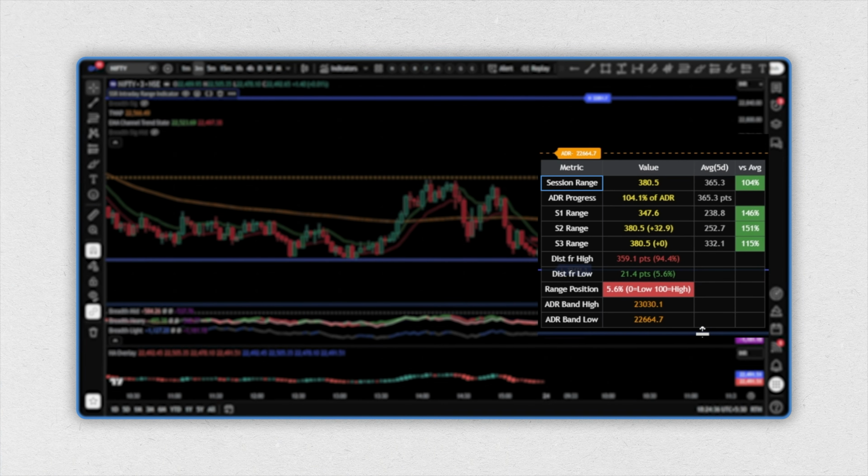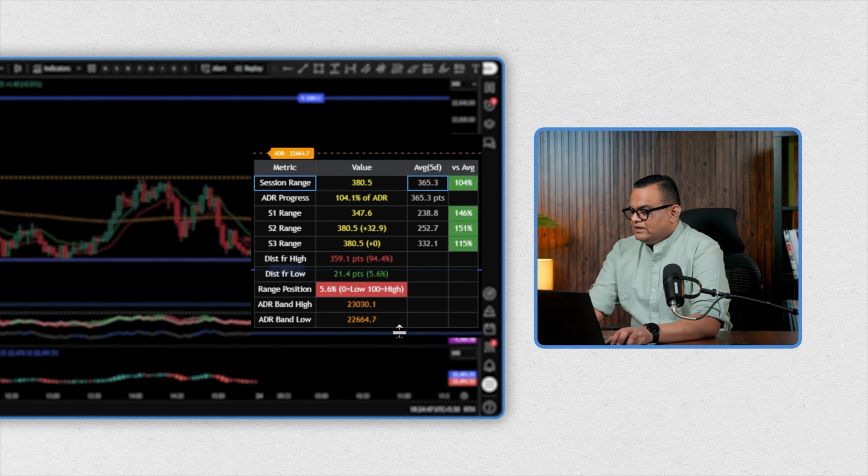Right now, the markets are closed and you're seeing 380.5, and that's the range for the day. Next to it is the average 5-day range. So what that does is it calculates the high-low range for the past 5 days and tells you what percentage of that is today's range. So today's range is 104% of that, which means today's range is greater than the 5-day average range.